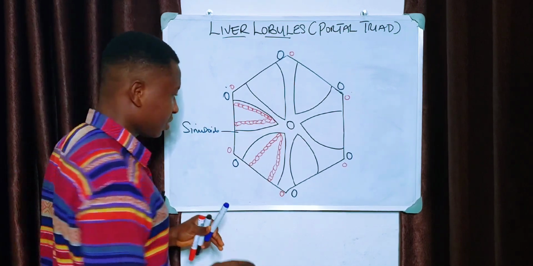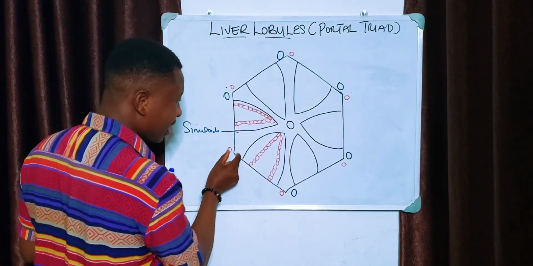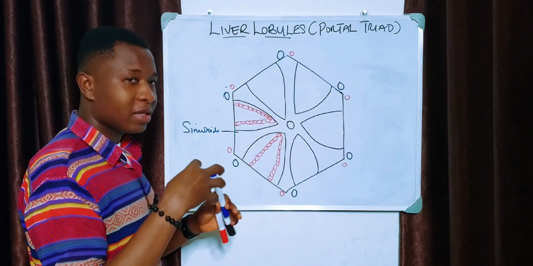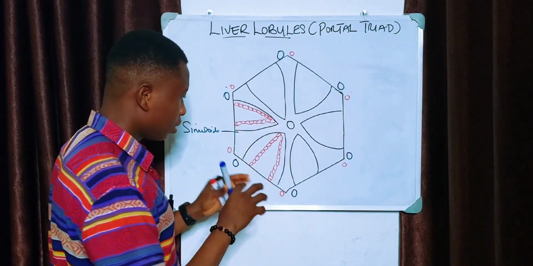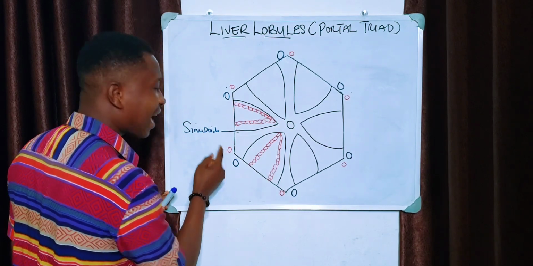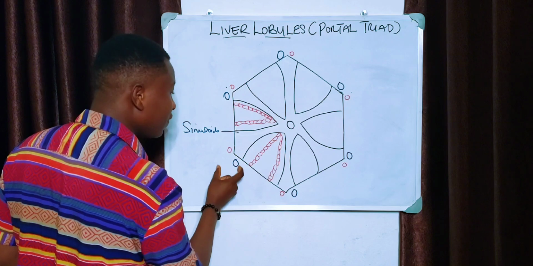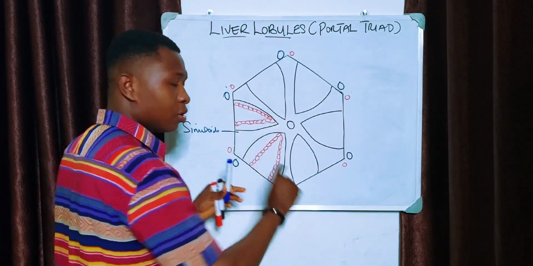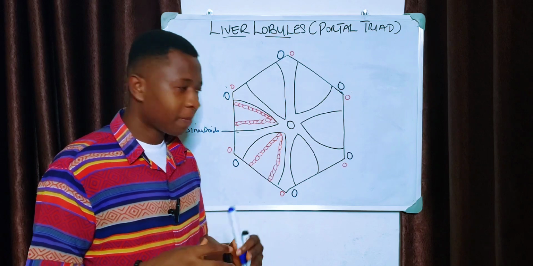The sinusoid space. These two vessels drain into this space. Now, in this space, there is a mixture of blood. Remember, this vessel is high in oxygen, while this vessel is high in nutrients. So when the blood gets into the sinusoid space, it mixes.